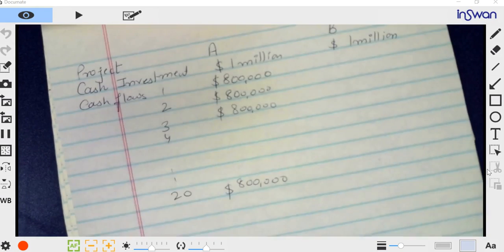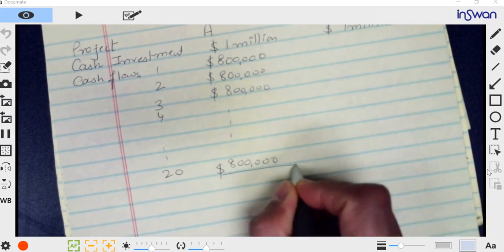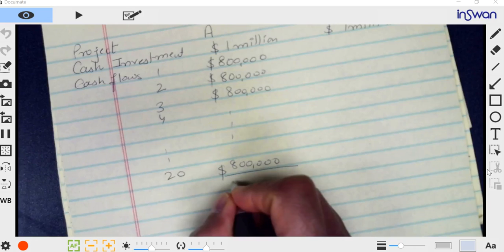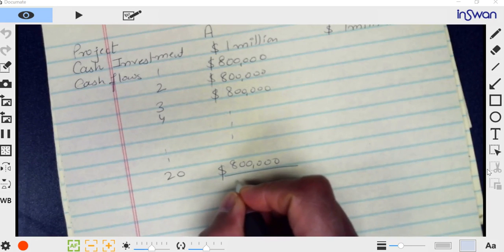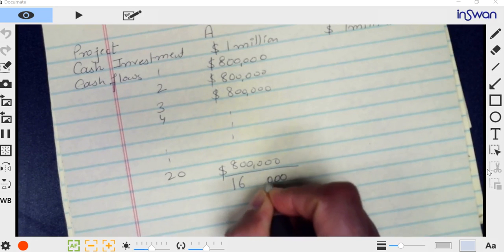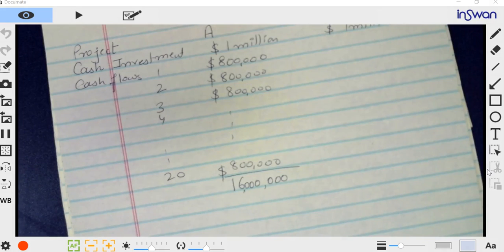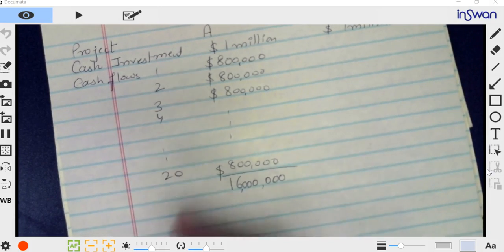So within 20 years, the total cash inflow from this project would be $16 million.